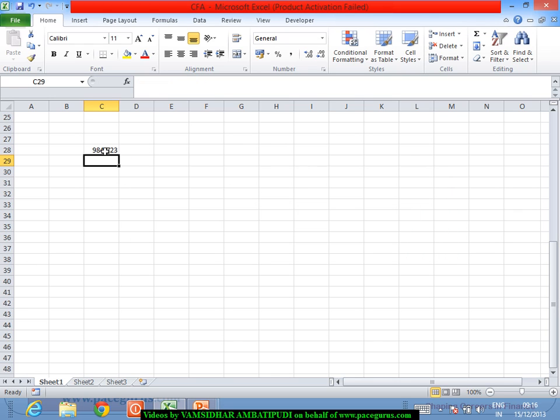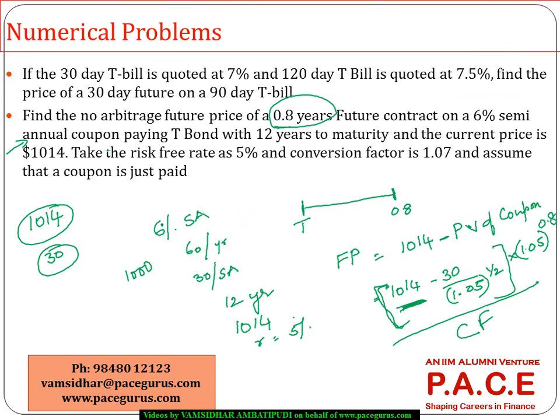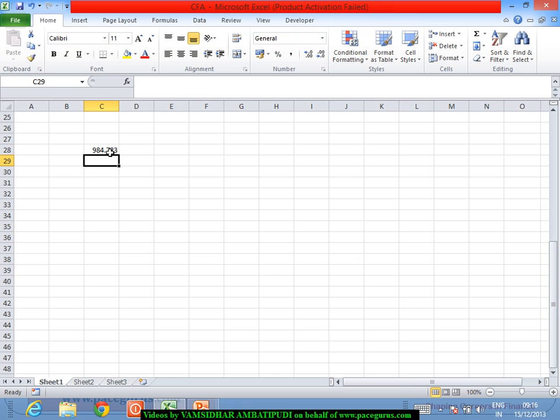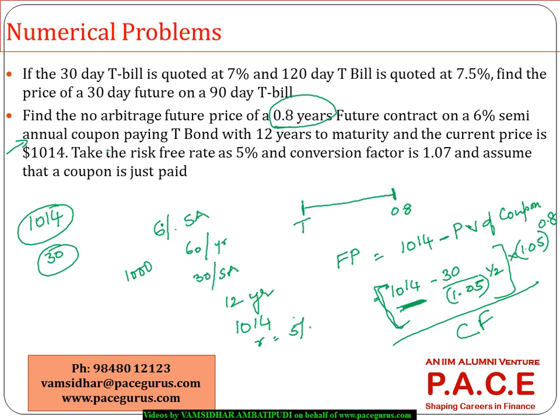That is the difference. Multiply this by 1.05 to the power 0.8. This is the no arbitrage futures price for this treasury bond future.